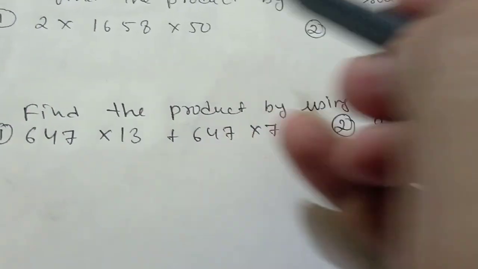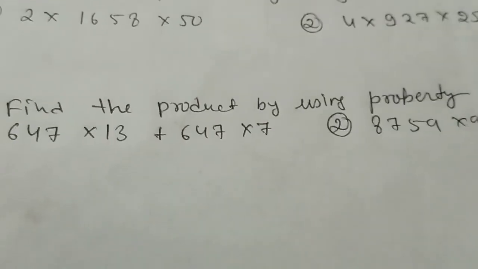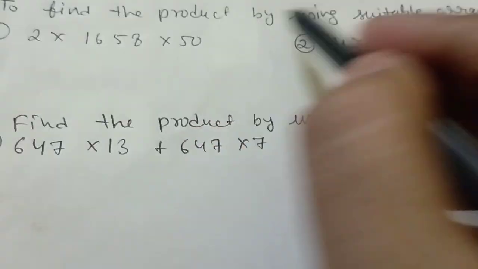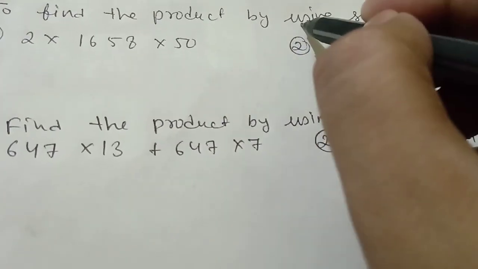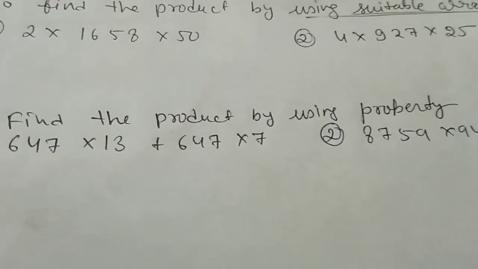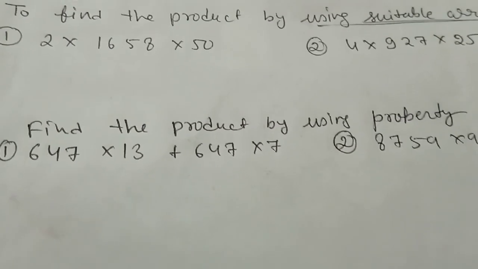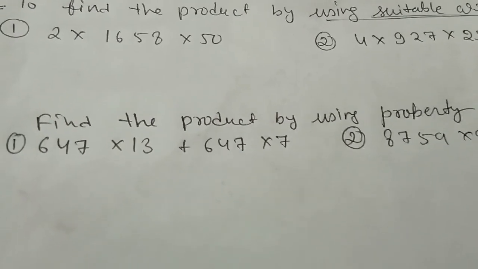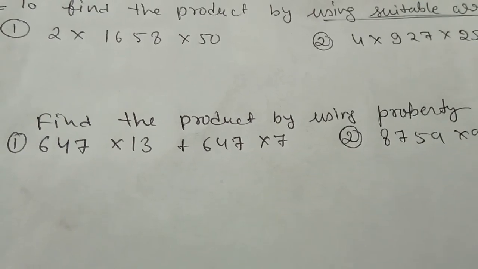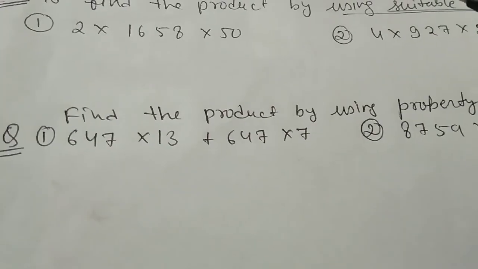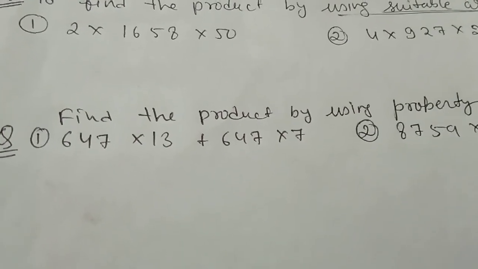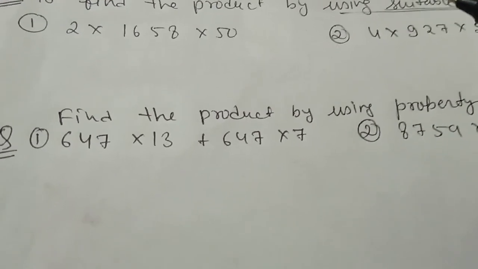Generally you can multiply the numbers, no problem, you will find the same product, but in this question we have to use arrangements. Arrangements help us find the product in an easy way.